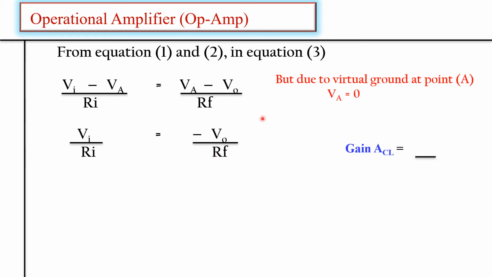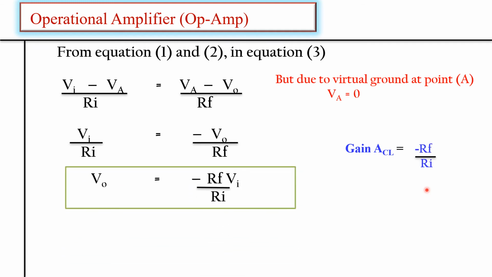So rearranging the terms, we get output voltage Vo is equal to minus Rf upon Ri into Vi. Okay, and what is gain? Gain of the closed loop. Closed loop, why?